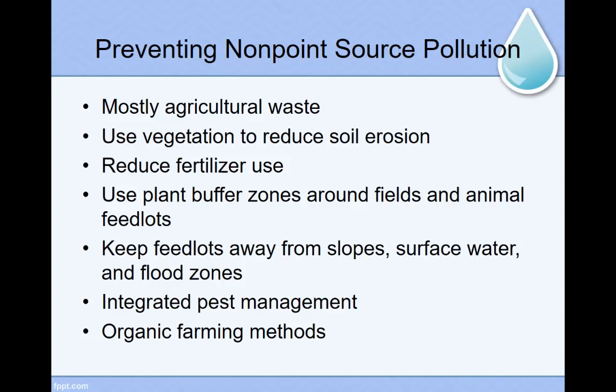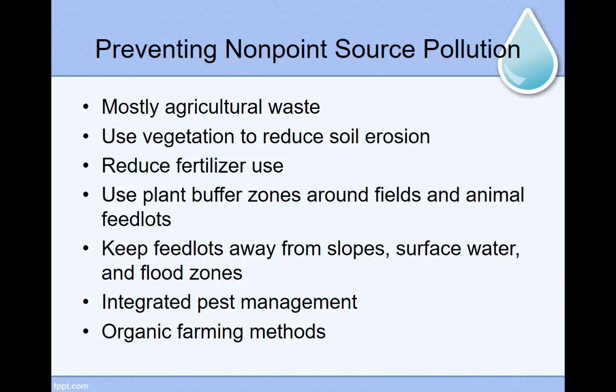And by planting things like the alley cropping areas, you can minimize the runoff that gets into the water bodies, whether that's from fields because of your animals, or some sort of pesticide that we may end up having to use in a particular field.